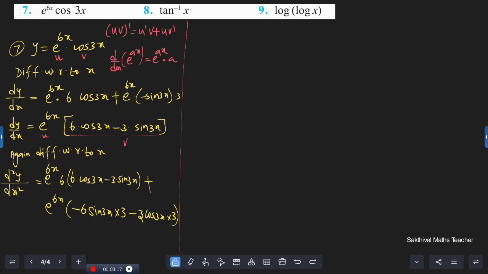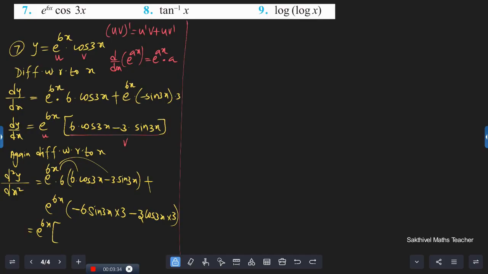That's it. Now again e power 6x, if I take outside commonly, and the 6 you multiply inside, let's see what I am getting now.